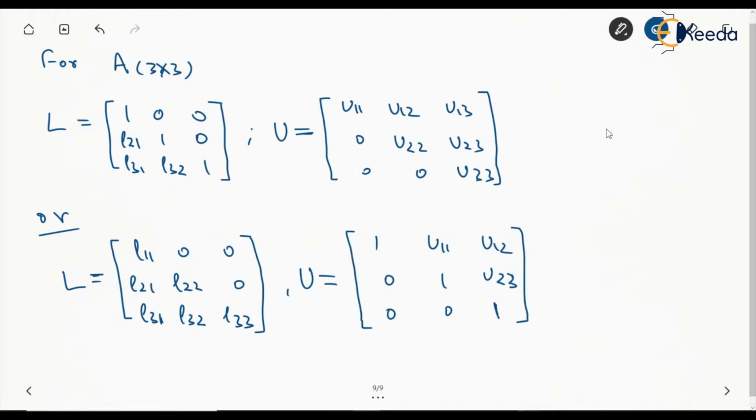So in one of it we are going to make the diagonal elements to be 1 and the other to be unknown. Of course this is upper triangular, so lower elements are 0. And in another one, for L the upper triangular elements are 0 and all others are unknowns. Whereas for the upper triangular matrix the elements below the diagonal are 0, the diagonal elements are 1, and the rest are the unknowns. So this is two methods. Either you make L diagonal elements to be 1 or U diagonal elements to be 1.